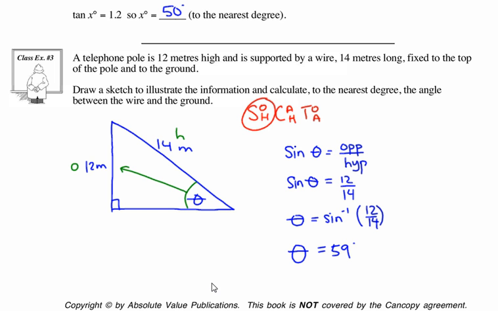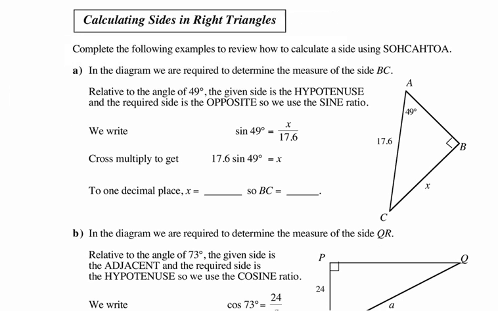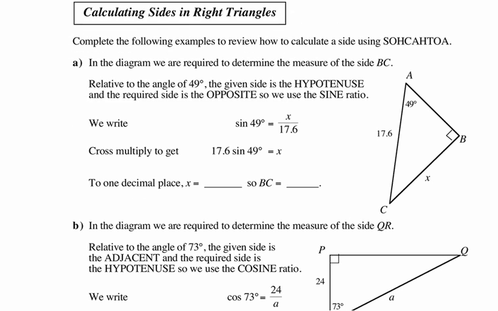So how do we find a side given an angle? Okay, so here is an example where we're looking for our opposite side and we have our hypotenuse. So again, you ask yourself, which ratio do I use? And the ratio would be sine because we have our hypotenuse and we want to find our opposite side. So we have the formula, we plug it in.